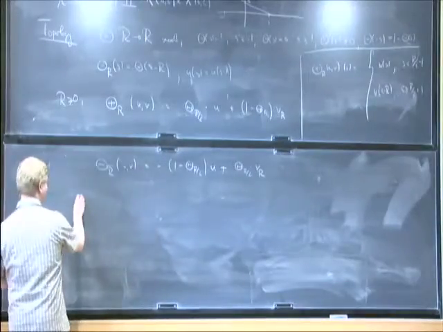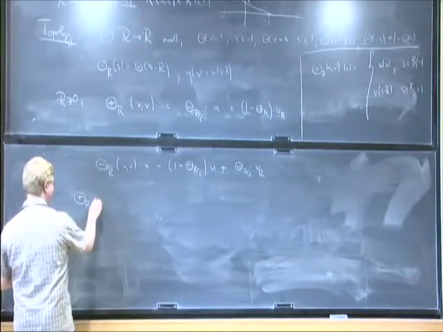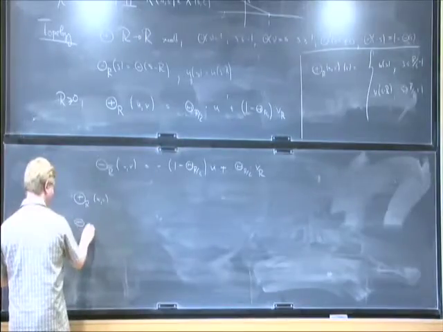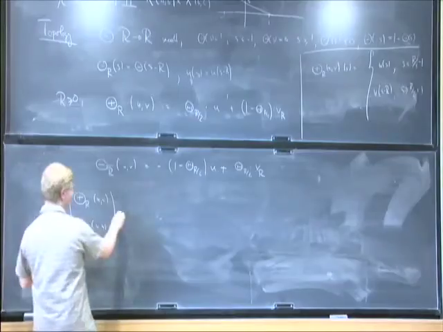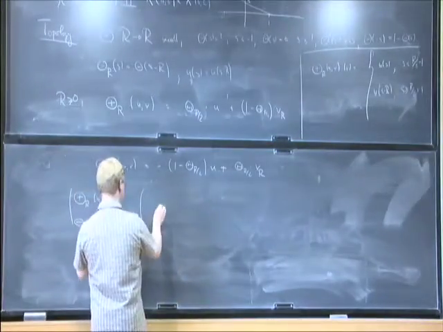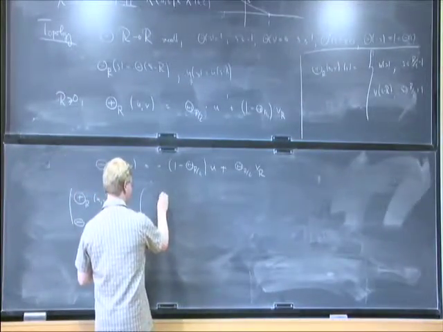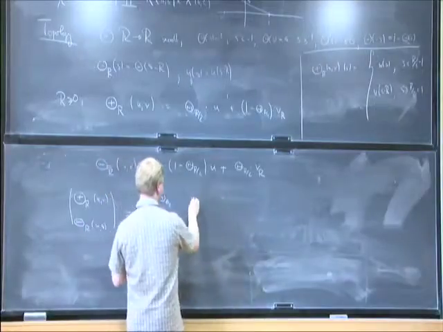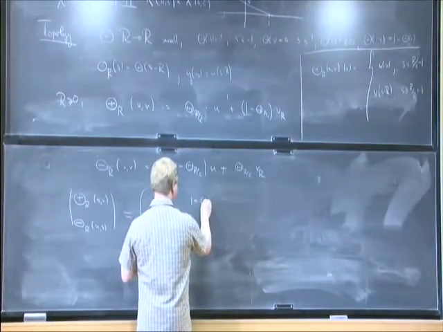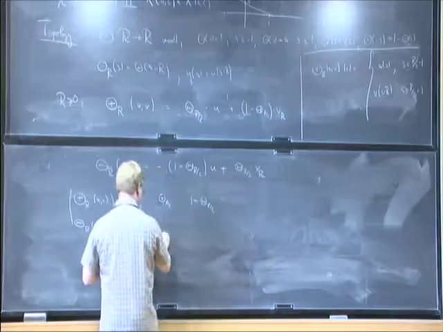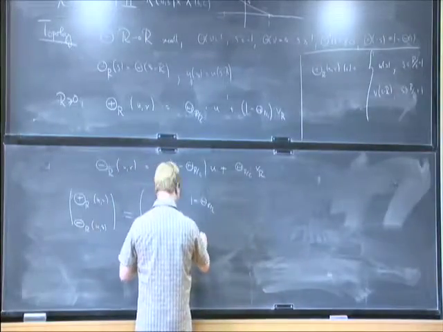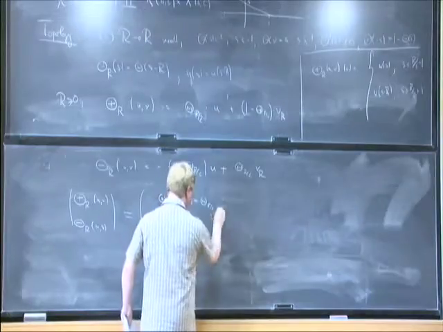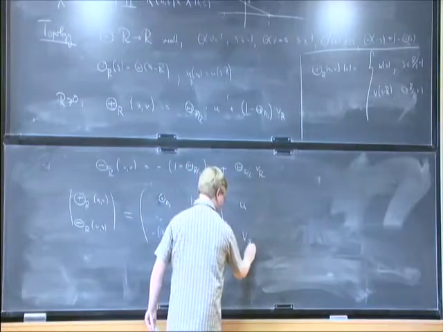The point is you can write plus r of uv, minus r of uv, if you think of it as a vector of two functions, just put them together, as the matrix, which is theta r over 2, 1 minus theta r over 2, minus 1 minus theta r over 2, and theta r over 2, times u and the shifted v.